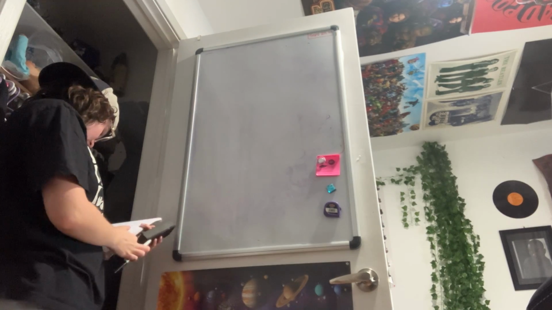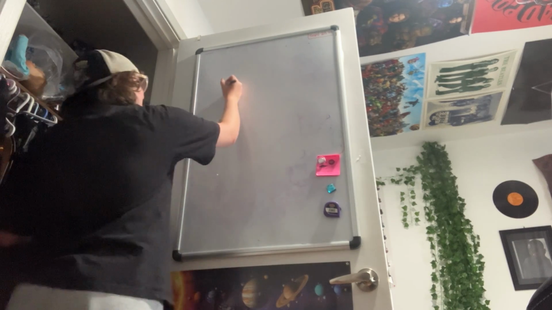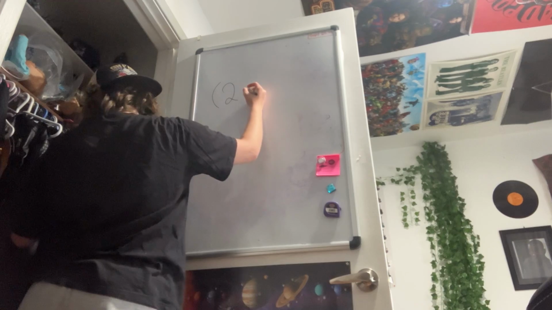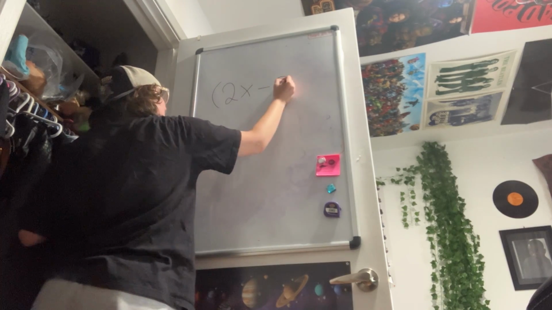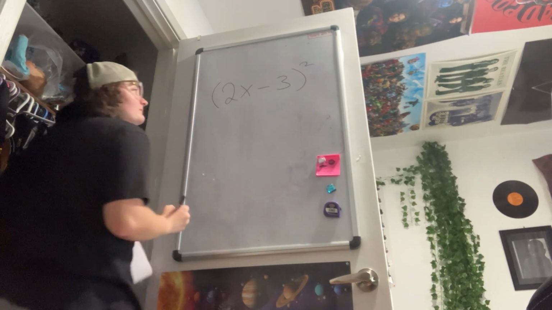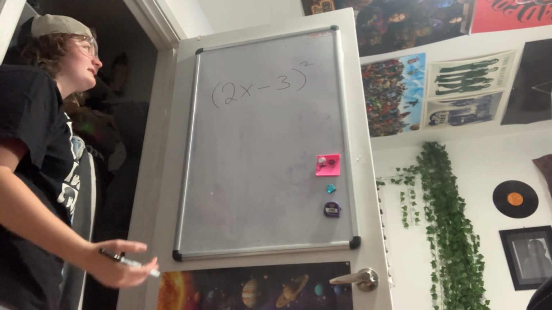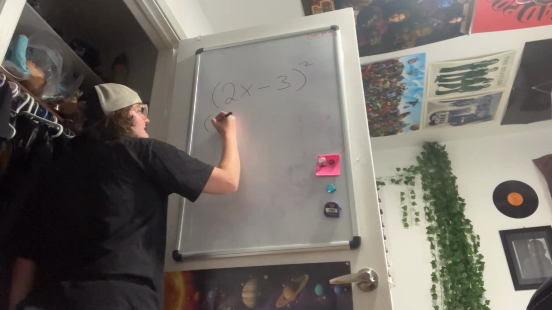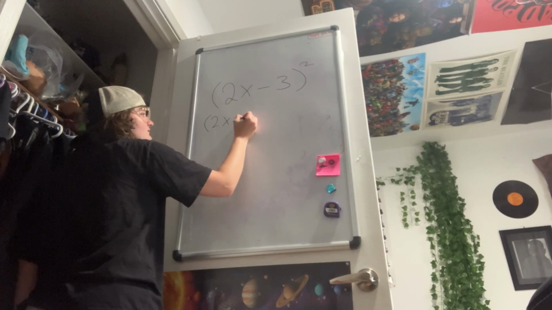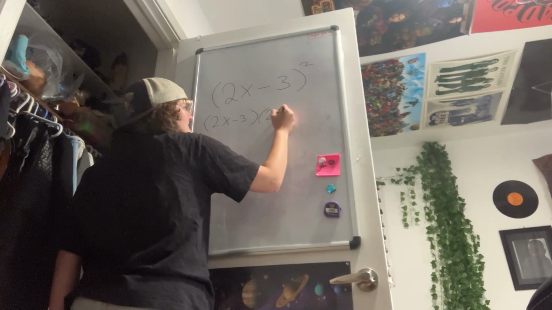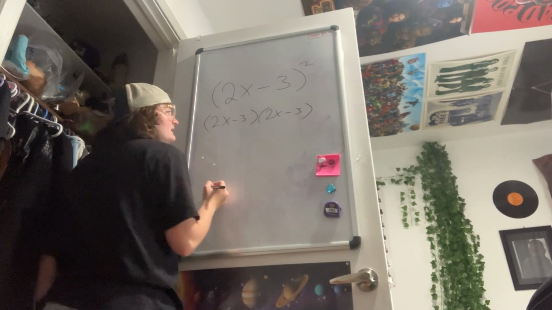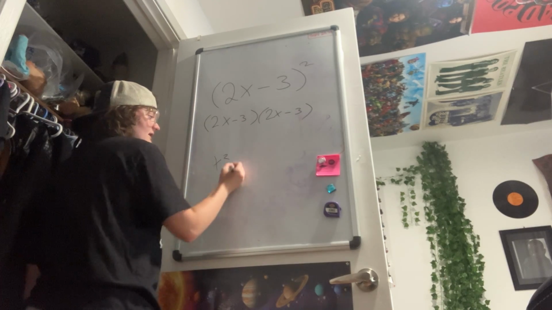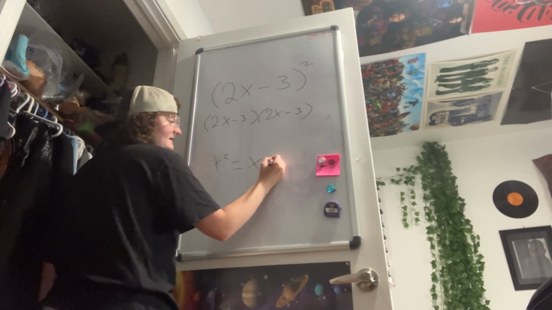Our next one. If we have a question written like this, 2x minus 3 squared, this is just it times itself. What I mean by that is 2x minus 3 and then 2x minus 3. This works because, let's say, x squared is equal to x times x.